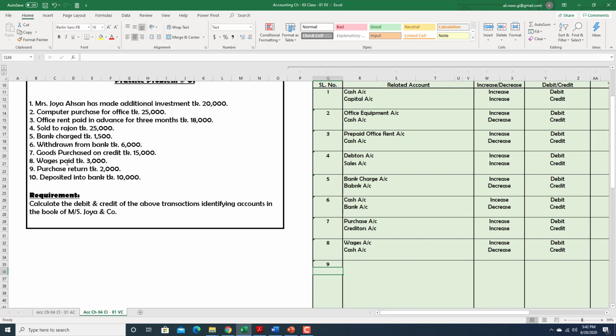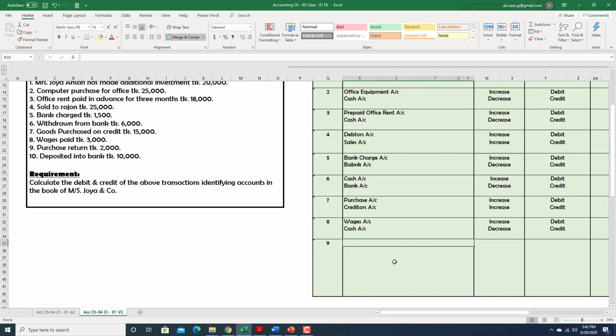So we have to write here just the opposite of number 7. In 7 we wrote purchase account and creditors account. Here we have to write creditors account, and instead of purchase we have to write purchase return, because we have returned goods worth taka 2,000.